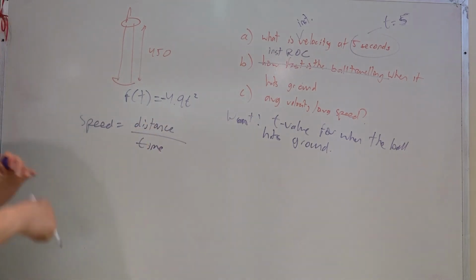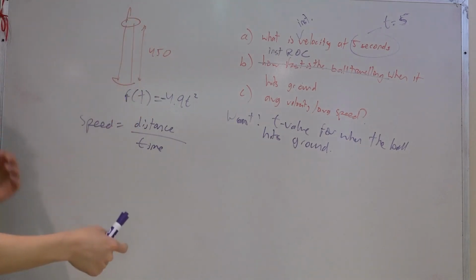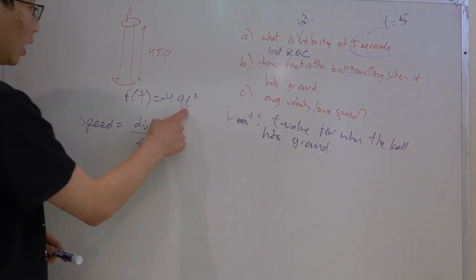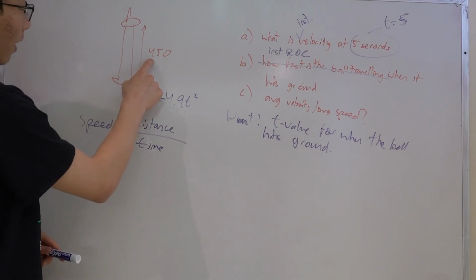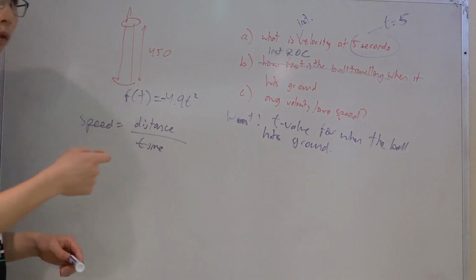Okay. Now this thing here, right? This 450 meters. The ball has to travel down 450 meters. So what we're really asking is, what value of t will have to go in here so that the distance traveled by the ball is negative 450.